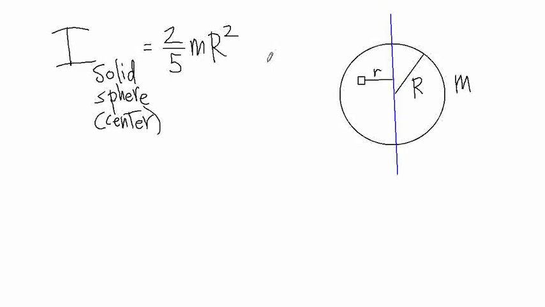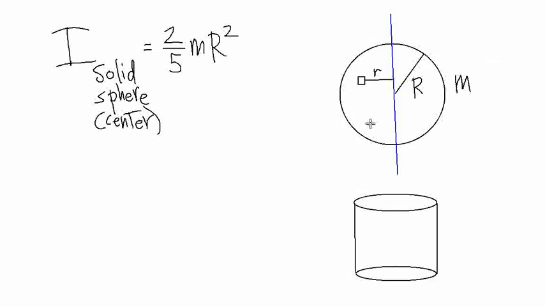Let me give you another one. Suppose we wanted to know the moment of inertia for a cylinder that was undergoing rotation with respect to an axis through its center. So let me draw a cylinder.